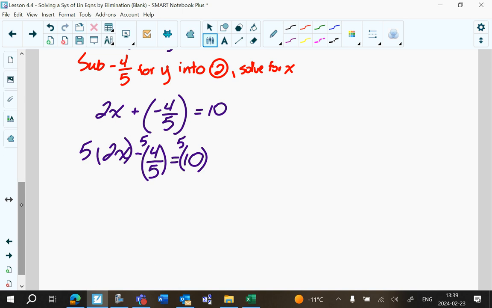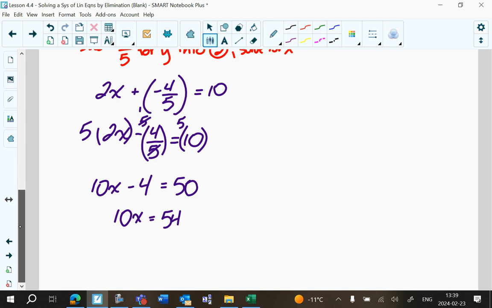So this gives me 10x. 5 divided by 5 is 1, so minus 1 times 4 is 4, equals 50. Therefore, 10x is equal to 54. Divide both sides by 10, and I get 54 over 10, which can be reduced to 27 over 5.